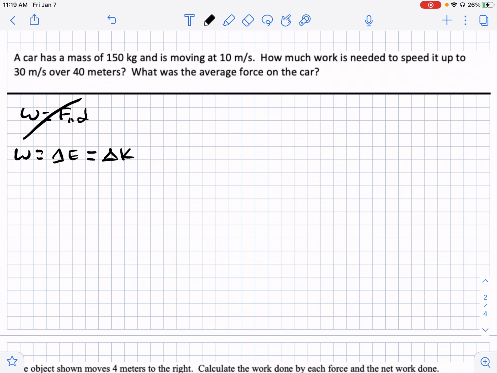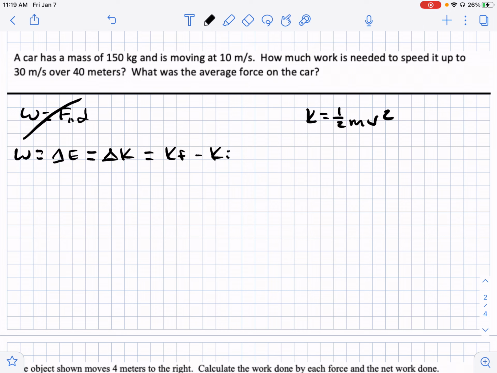And remember, whenever we have a change in anything, it's going to be the final minus the initial. So it's going to be your final kinetic energy minus your initial kinetic energy. For your kinetic energy, remember it's equal to 1/2 mv squared. So we're going to do that both for the final and initial kinetic energy.